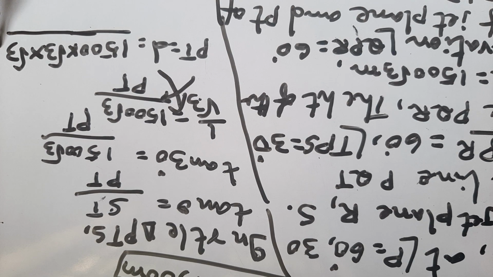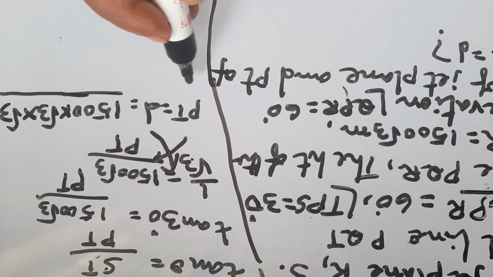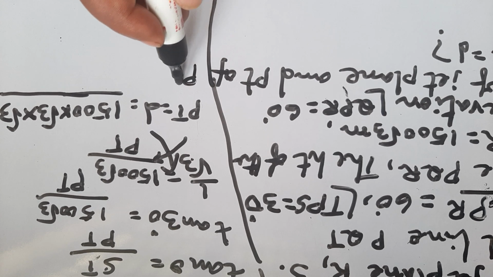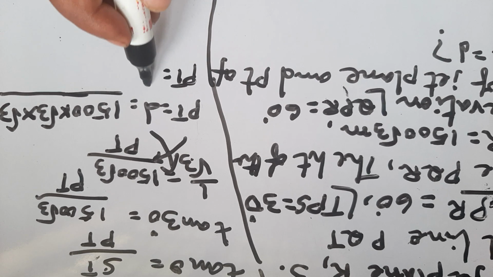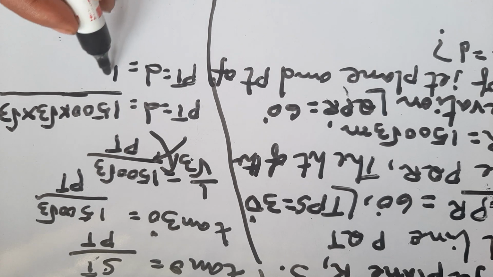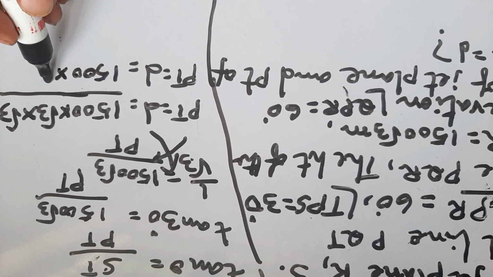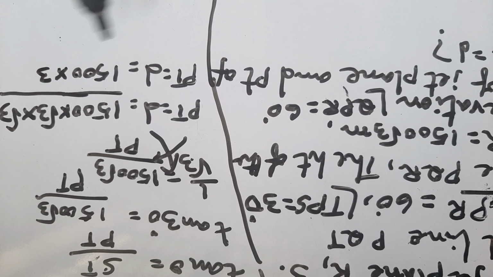So what is the distance coming? D is equal to 1500, root 3 into root 3 is 3.